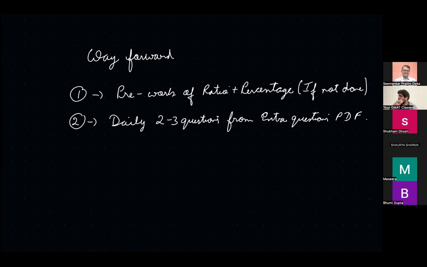Do 2 to 3 questions every day. That will help you much more than solving the entire PDF in a day. So all the extra questions PDFs from now on are supposed to be solved slowly.